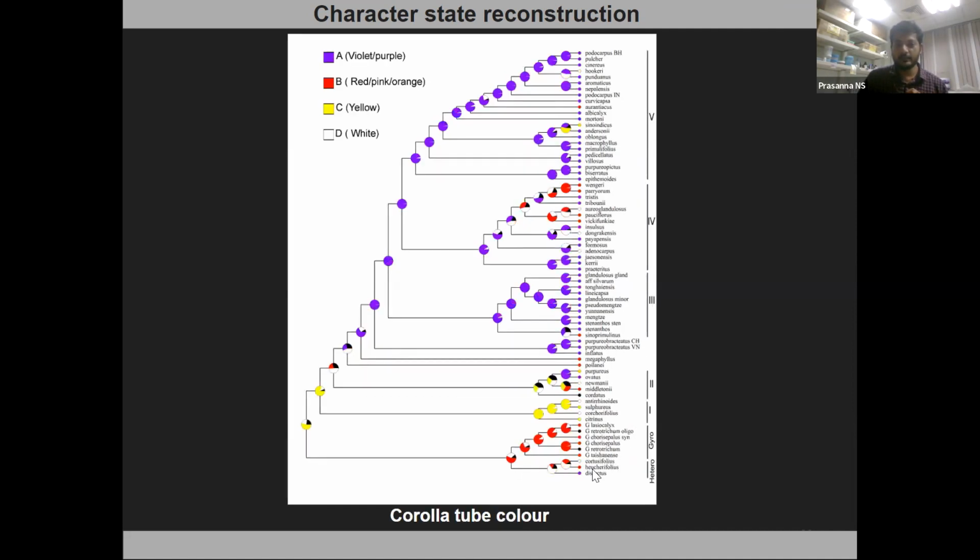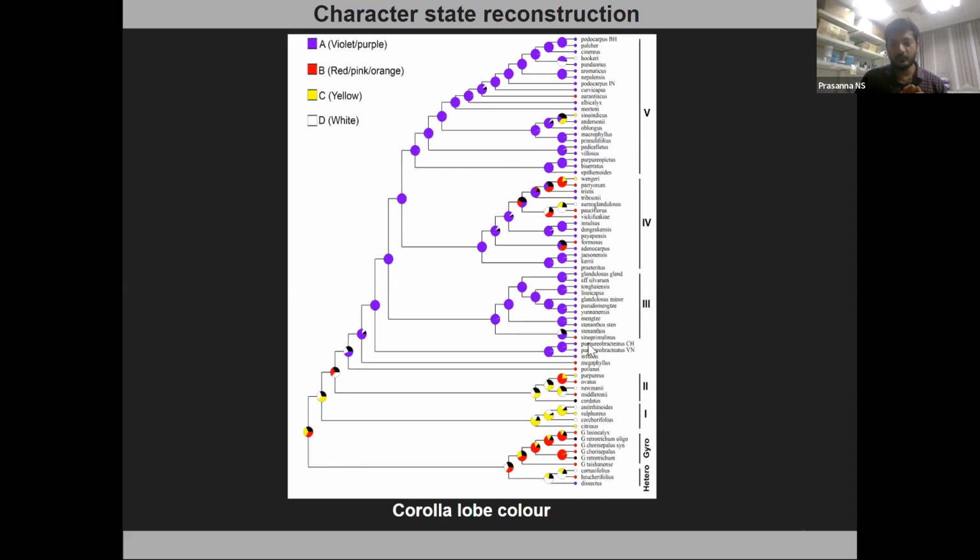Similarly, for calyx tube color, the ancestral Malayan ones were yellow, whereas Gyrochilus and allies are red or orangish ones. Yellow was probably the ancestral color in Didymocarpus, and then when it diversified in the north, most of the species turned violet or purple.